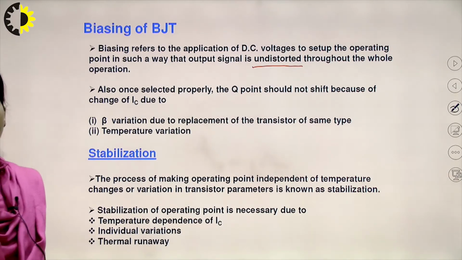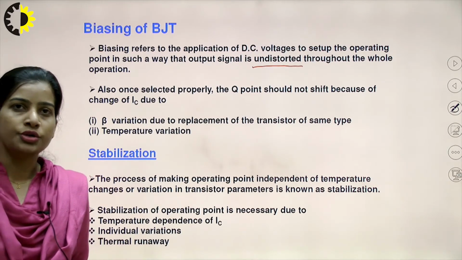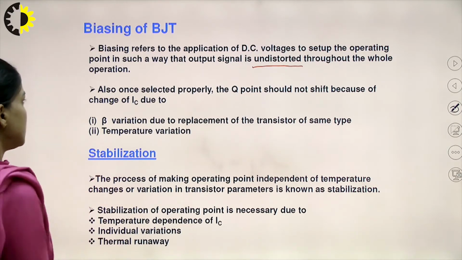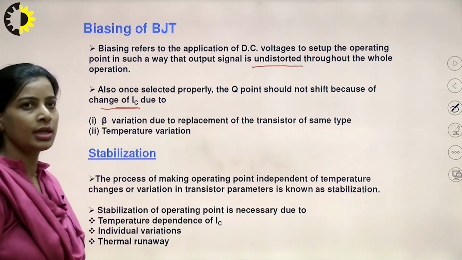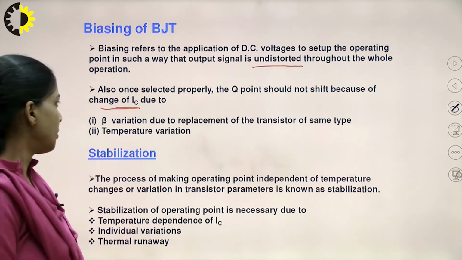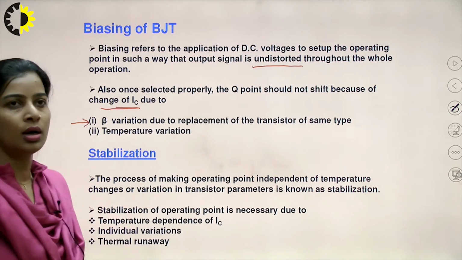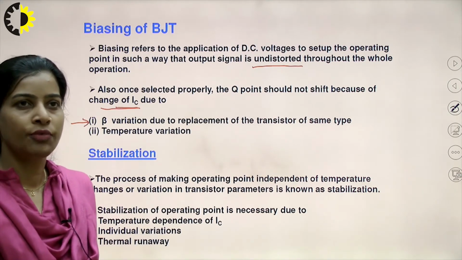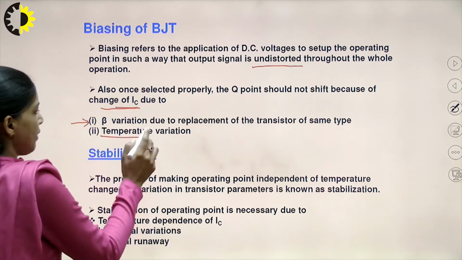Also, when we fix the operating point, that operating point should not shift due to the change in IC, beta variation due to the replacement of a transistor of the same type, because even when we choose the same type of transistor, we have some variation in the beta value, and the temperature variations.